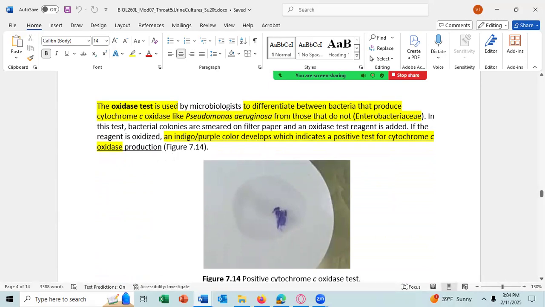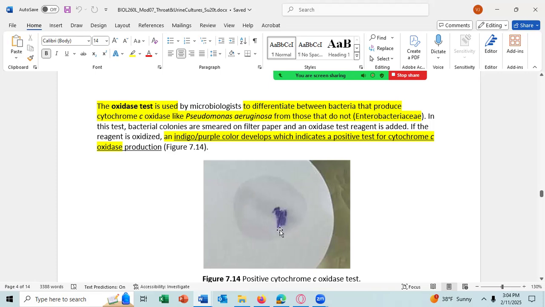So we use the oxidase test to differentiate between Pseudomonas aeruginosa and other members of the family Enterobacteriaceae because all the members of Pseudomonaceae are oxidase positive and the Enterobacteriaceae are oxidase negative. If on the oxidase test right here, if you see a purple or indigo color developing within 30 seconds, it is oxidase positive.